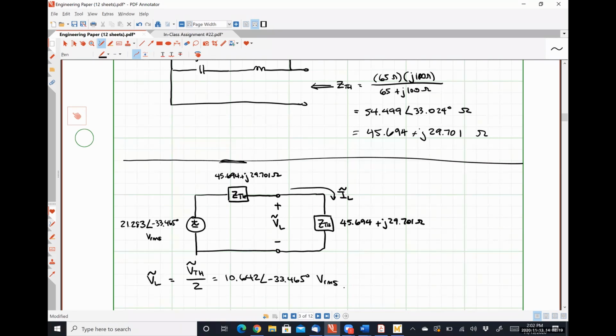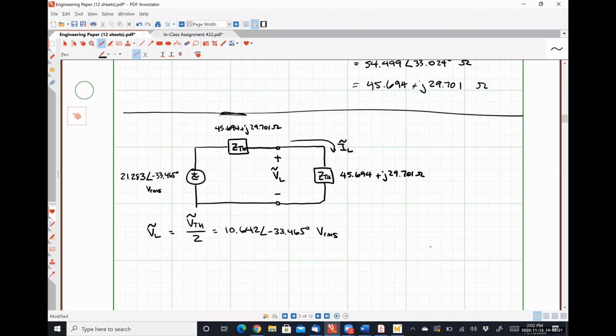You may recall on the day we talked about complex power that we found complex power. So SL, sorry, that should be a bar because it's not an RMS quantity, it's power, is VL multiplied by IL conjugate, which is the same as the magnitude of VL squared divided by the conjugate of our load impedance.